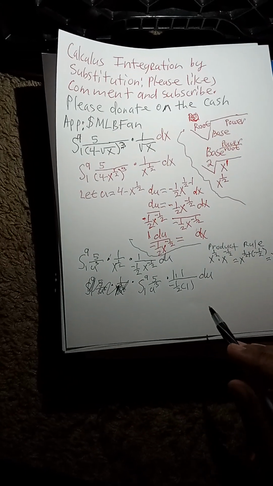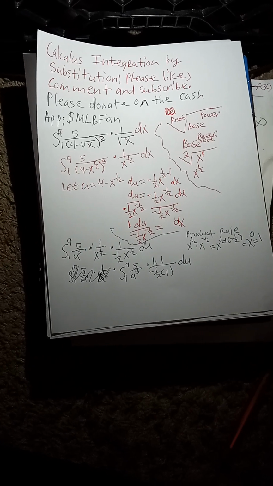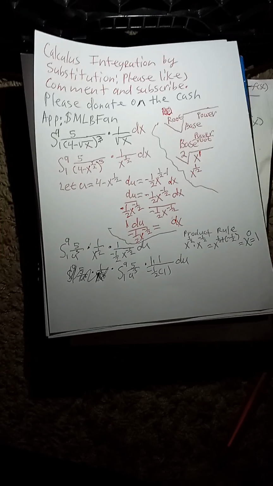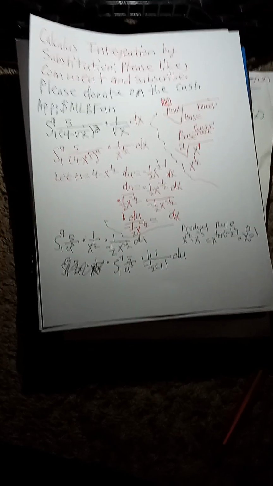The reason x to the 1/2 times x to the negative 1/2 goes to 1 is that when you have the same base, you add the exponents, and we get x to the 0 power, which is equal to 1.